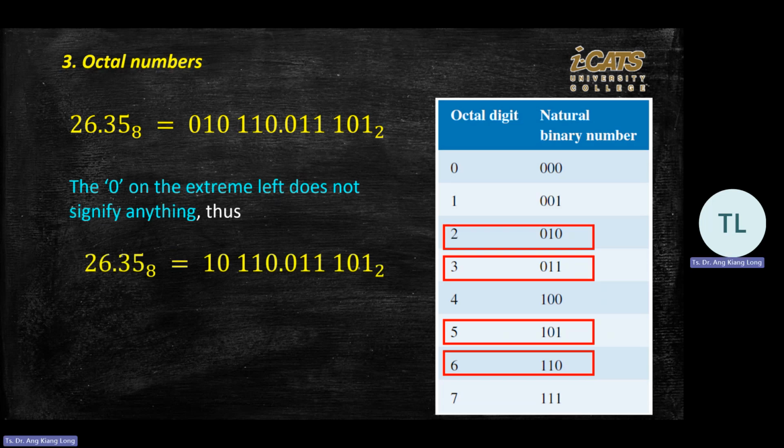If you see the far left is 0, you don't need to write the 0 actually. If you give me this answer, it's also correct. But to computer people, it's a bit of a silly mistake if you write 0 in here. So the correct answer is like this: remove the 0 in the front and give the answer.